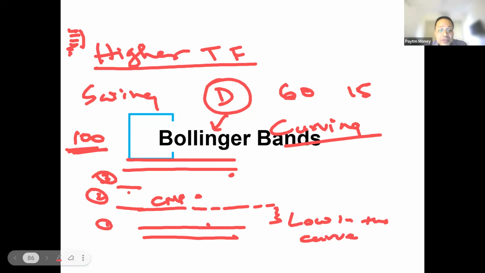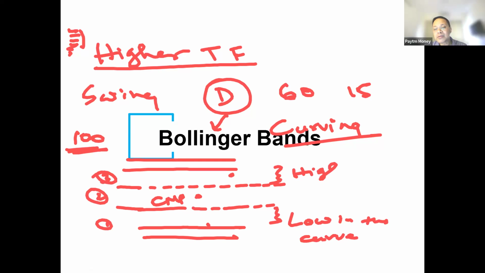Correct? If the price is in this segment, we call it high in the curve. Okay? Low in the curve, high in the curve.